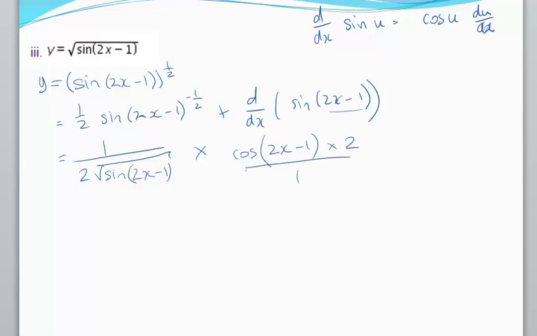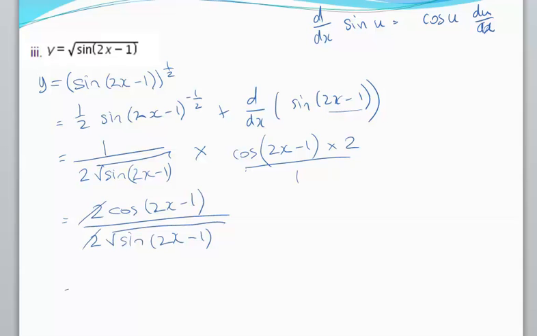And here we can write it as a fraction over 1, so we can skip a step in here. So at the top of our fraction we're going to have 2 cosine of 2x minus 1 divided by 2 root sine of 2x minus 1. Our 2's will cancel, so it becomes cosine of 2x minus 1 divided by square root of sine 2x minus 1.